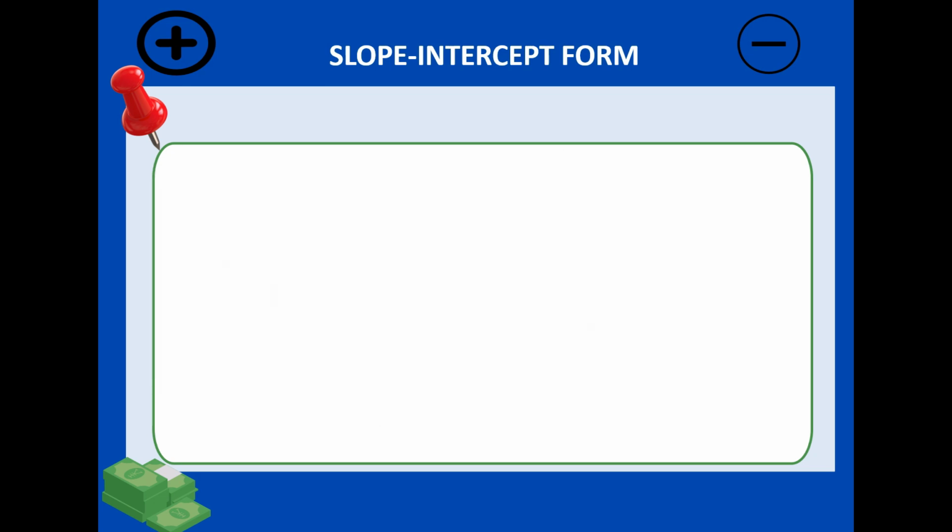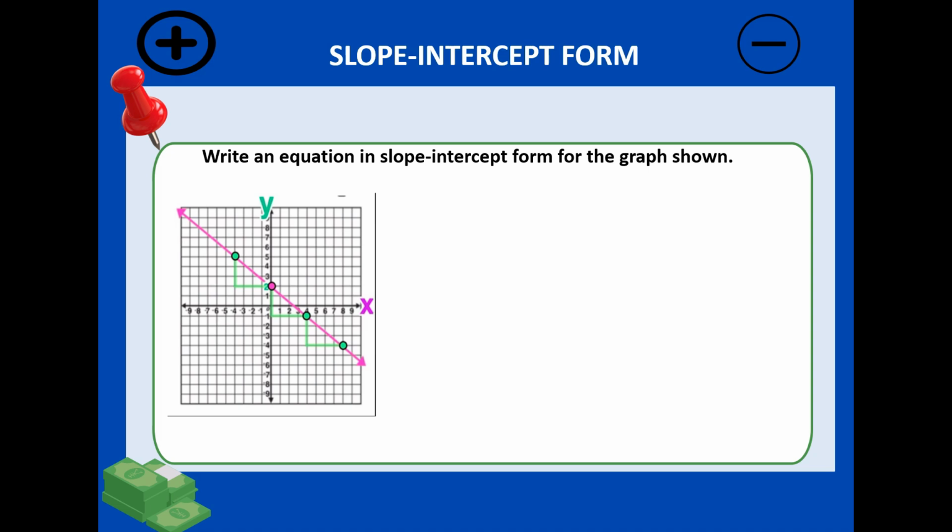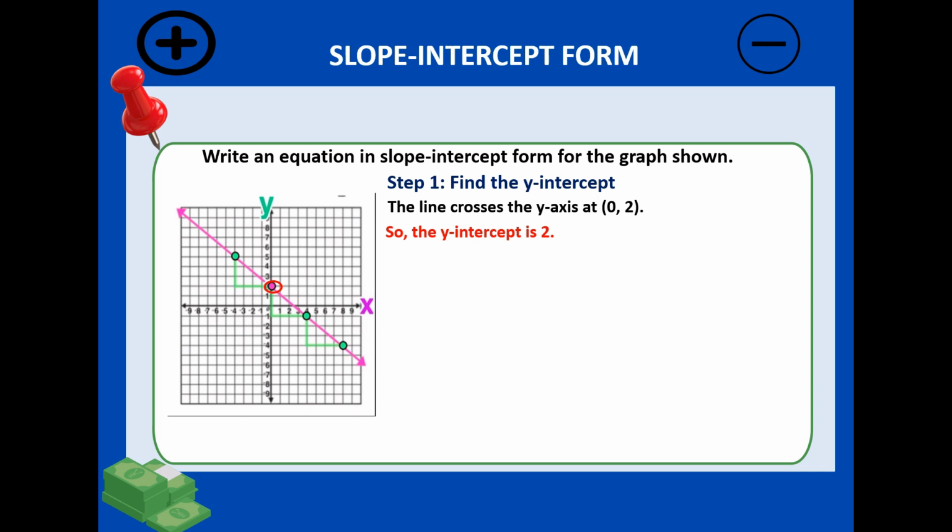Next example, write an equation in slope-intercept form for the graph shown. This is our graph. Step 1, find the y-intercept. The line crosses the y-axis at point (0, 2). So the y-intercept is 2.